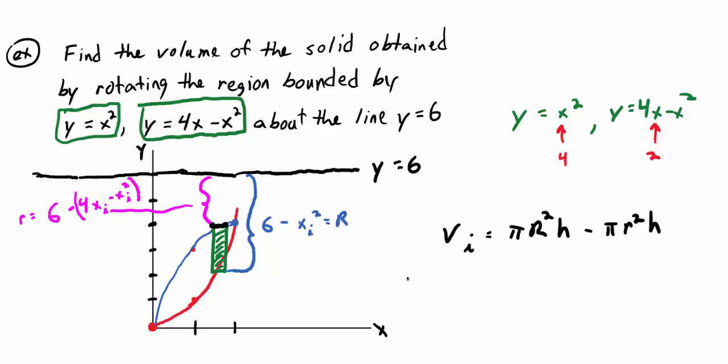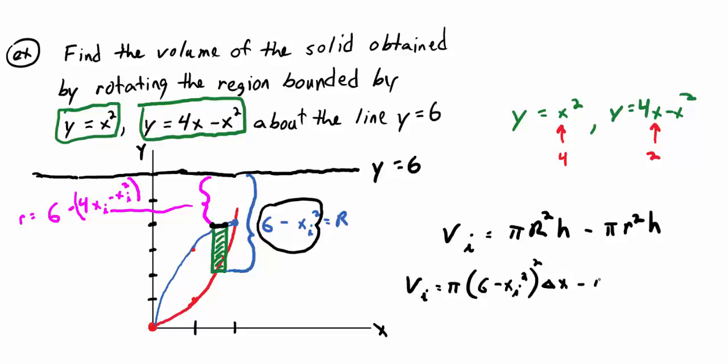So v sub i then is going to be pi times, we're going to square this quantity. It was this guy, right? That's the capital R. So 6 minus x sub i squared, don't forget to square it, times h, but h is delta x.